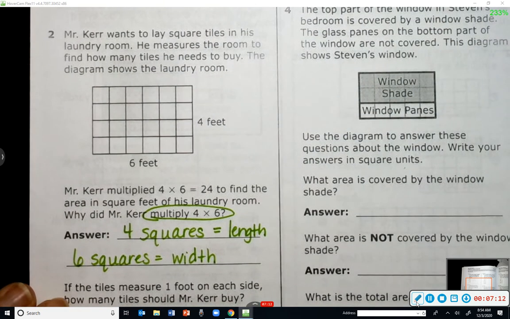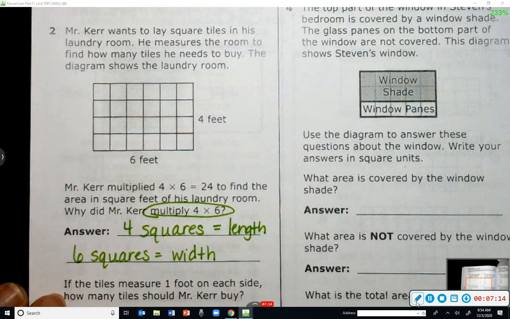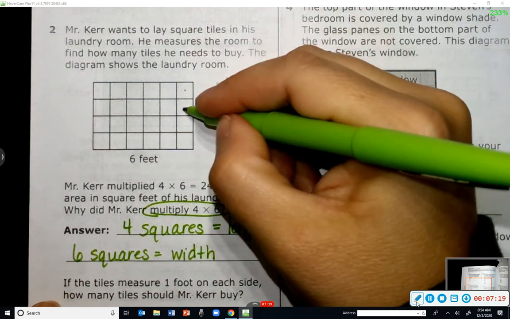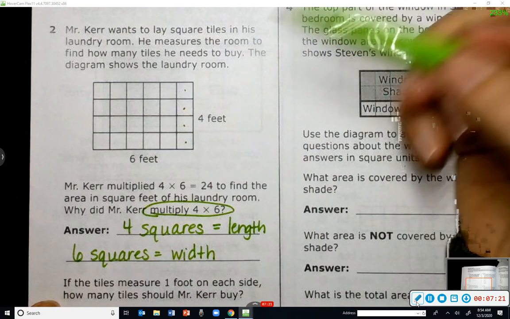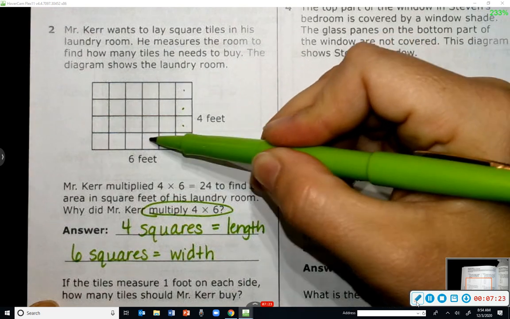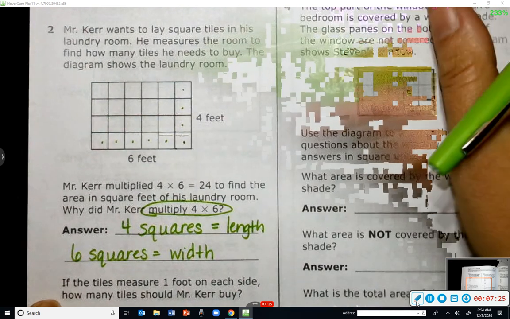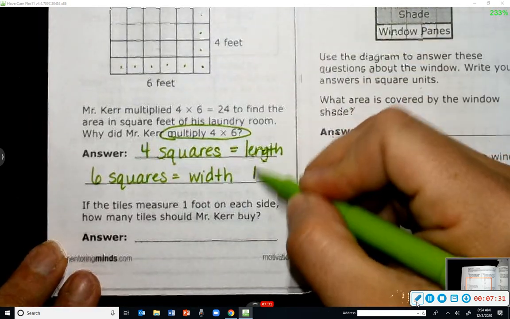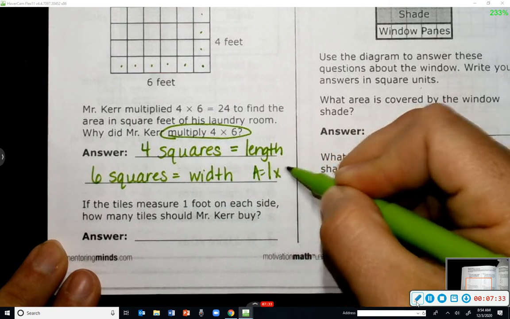Okay? 4 squares is the length going down. 1, 2, 3, 4. And then 6 squares for the width. 1, 2, 3, 4, 5, 6. And that's how you find area. Length times the width. Area equals length times width.